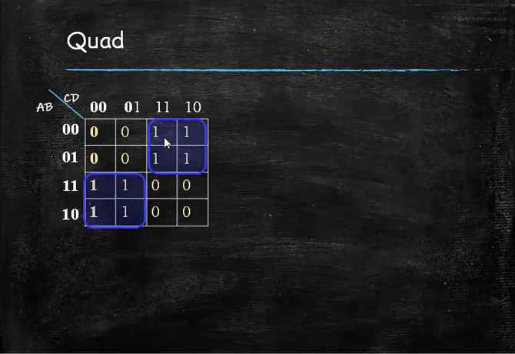And here when we move downward, A bar is not changing, and here C is not changing. Then A bar C. The result is A C bar or A bar C.